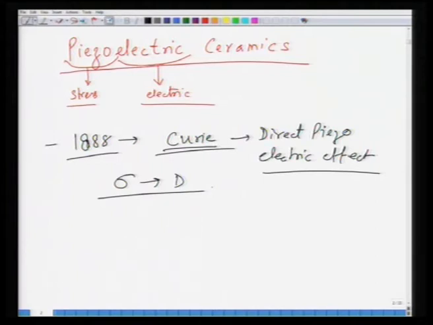Before we go into the requirements, another thing was the converse piezoelectric effect. Soon after the discovery of the piezoelectric effect in 1888 by Curie, you had the discovery of the indirect piezoelectric effect, which happened almost a year later.